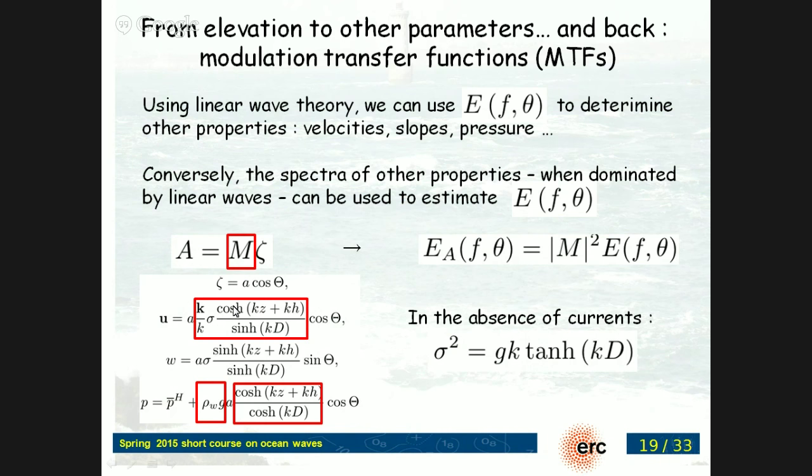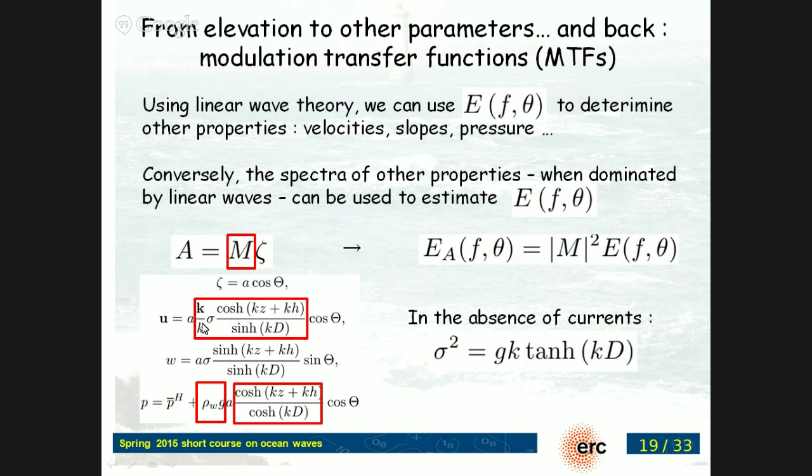So with linear theory, if you don't have currents, you have this simple relationship that the orbital velocity at the bottom is the amplitude at the surface times this function, which is a function of the depth. And so at the bottom, this k(z+h) goes to 0, so cosh is 1. And so you have this 1 over sinh kd, and then you get the bottom velocity.